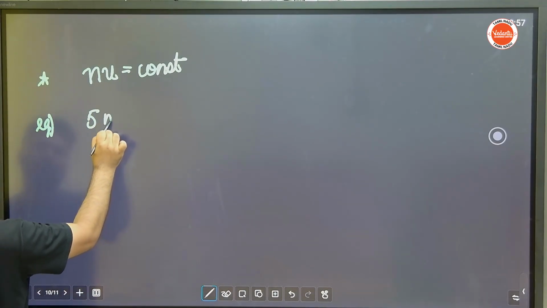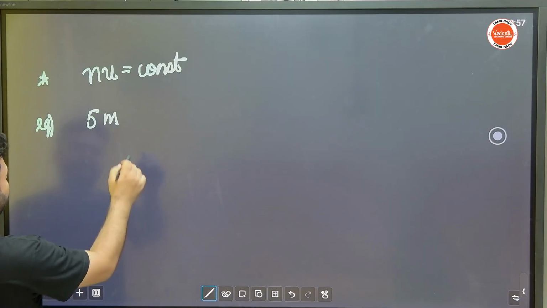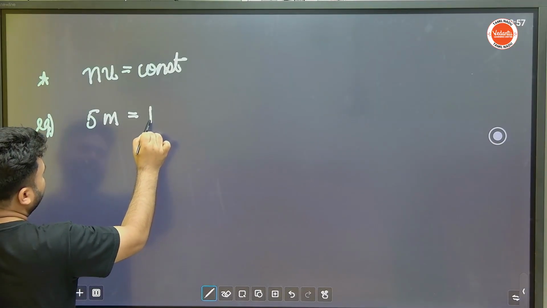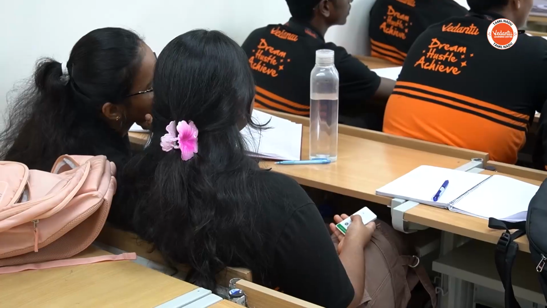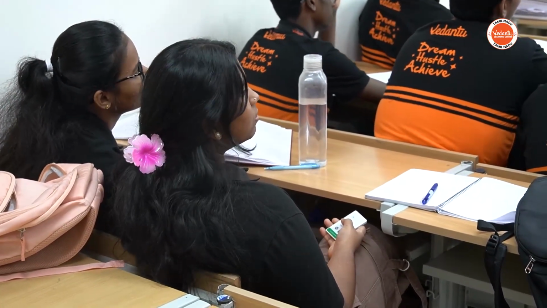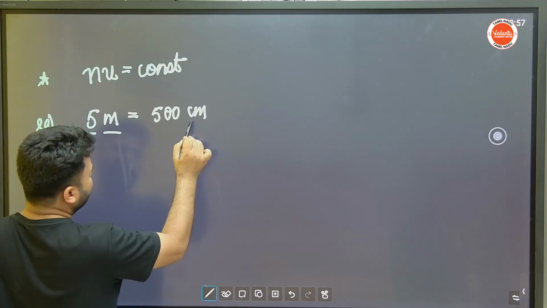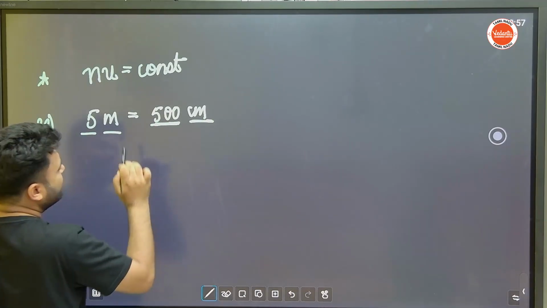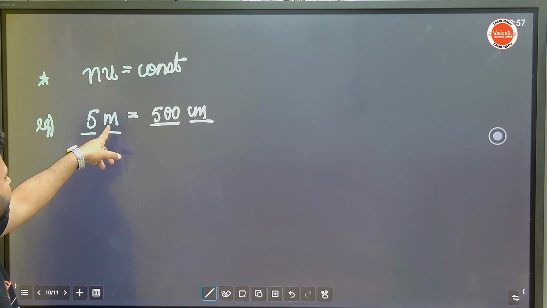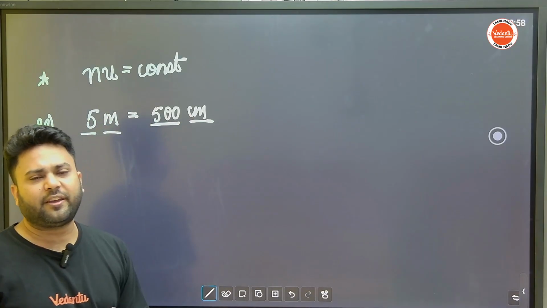This 5 is the number and meter is the unit. So 5 meter equals, can I write, 500 centimeter? 1 meter is 100 centimeter, so 5 meter is 500 centimeter. So this is the number, this is the unit, and if we change the unit, the number will also change. The unit was meter, the number was 5. The unit is centimeter, the number is 500.